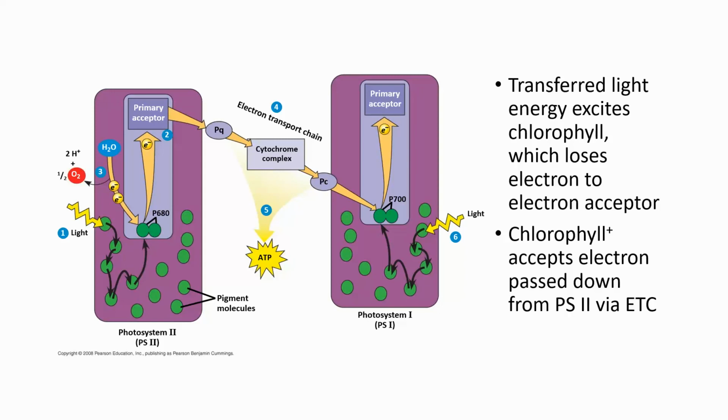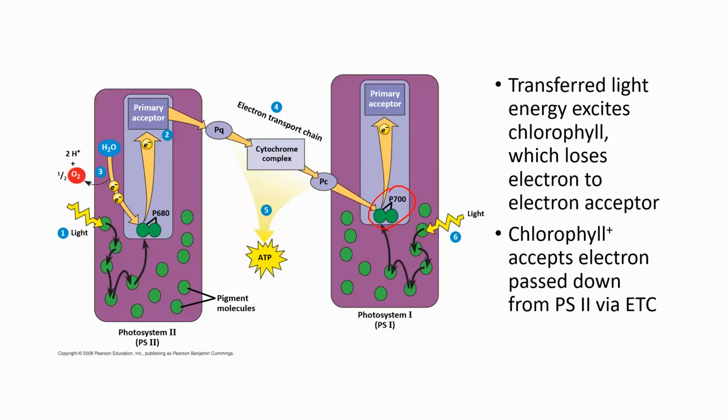So now we have a diagram with photosystem 2 and photosystem 1. So we have this energy deficient electron that's been passed through the electron transport chain. It is going to then be donated to this pair of chlorophyll molecules, which we don't really need to talk about, the P680 and the P700.